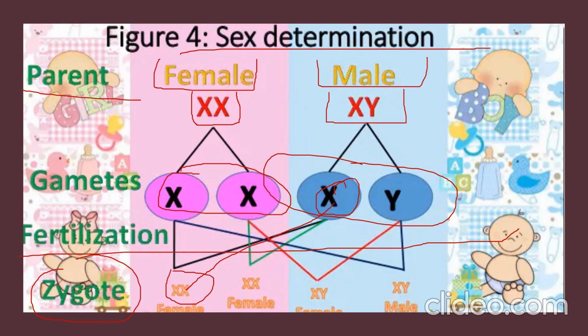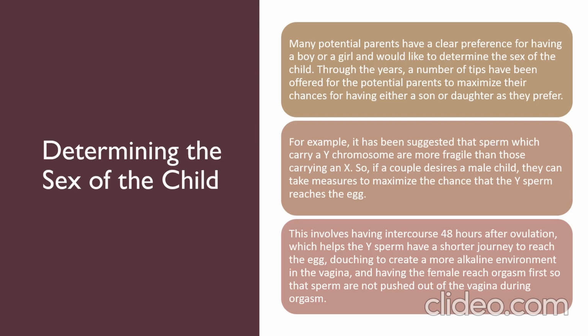So again, XX female, and then if fortunately, parents or families would want a boy, you have an X for the female, and then you'll have a Y. For the sperms, you have an X, well, this is supposed to be a male, and then XY again. So it's a male.